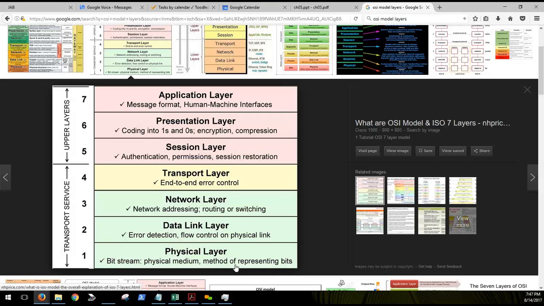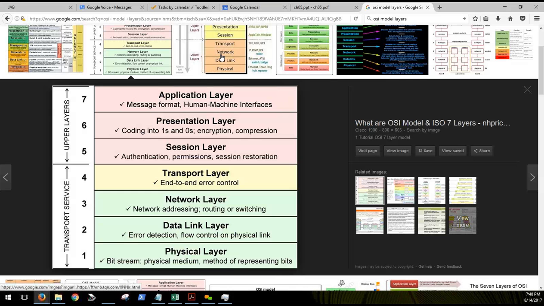The network layer is network addressing, routing, or switching. The transport layer is end-to-end error control. The session layer is authentication, permissions, session restoration. The presentation layer is coding into ones and zeros, encryption, compression. The application layer is message format, human machine interfaces.